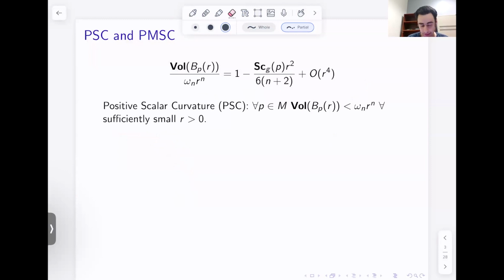There are two things that I find quite surprising about this way of defining positive scalar curvature. The first is that I'm not aware of any cases where somebody directly used this definition to prove anything about positive scalar curvature.